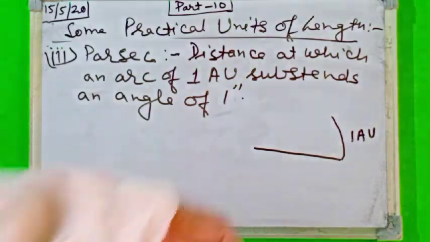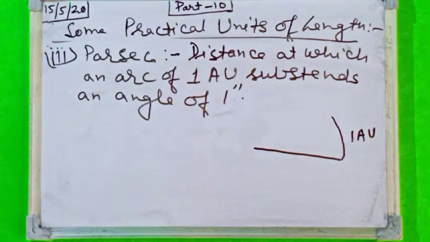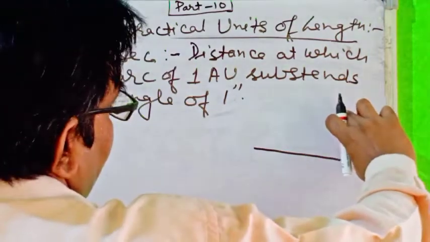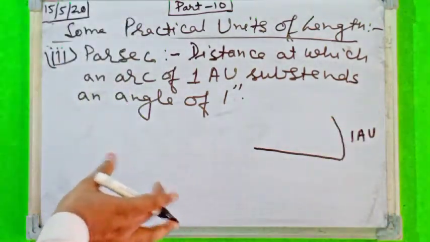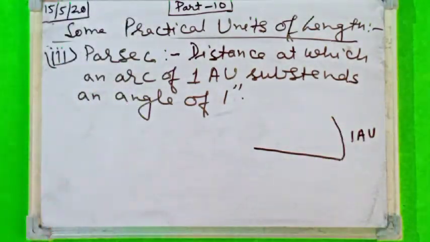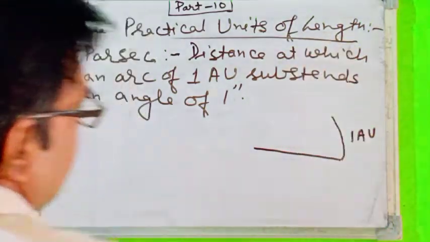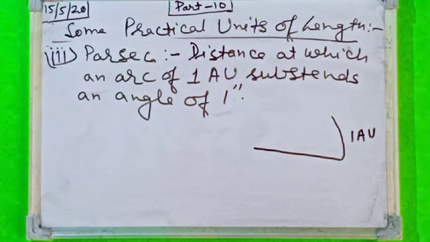Earth is revolving around the sun, and it is subtending an arc of what is the mean distance? What is the mean distance of the Earth from the sun? That much amount of distance it covers on its arc.